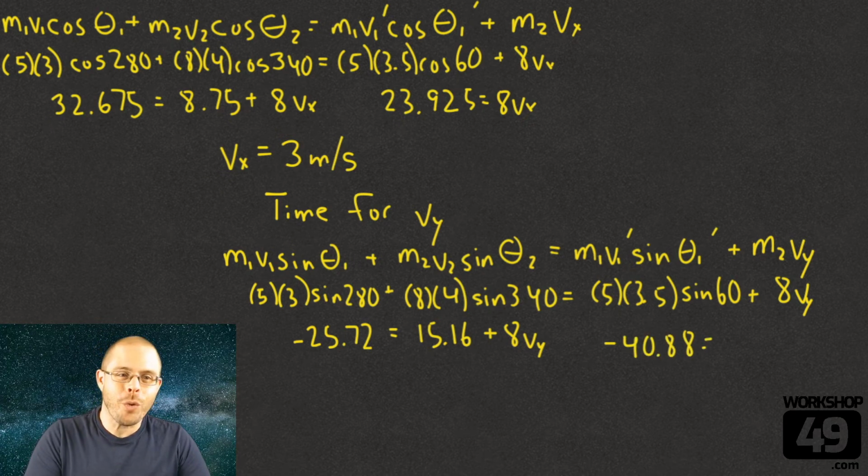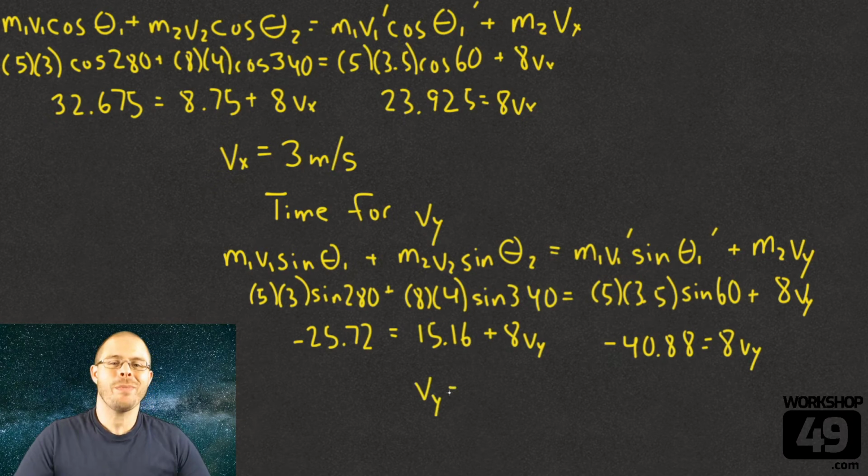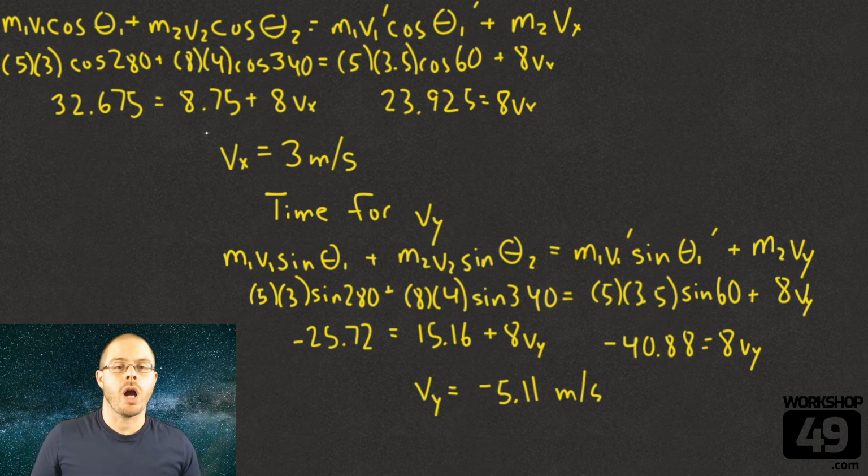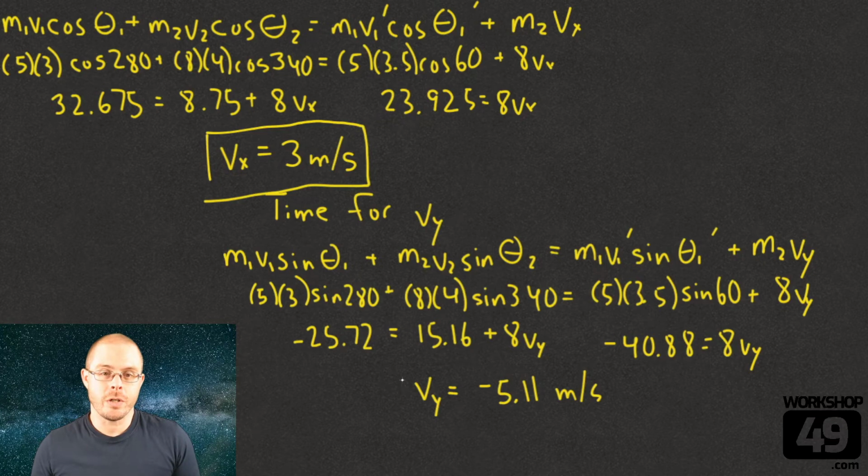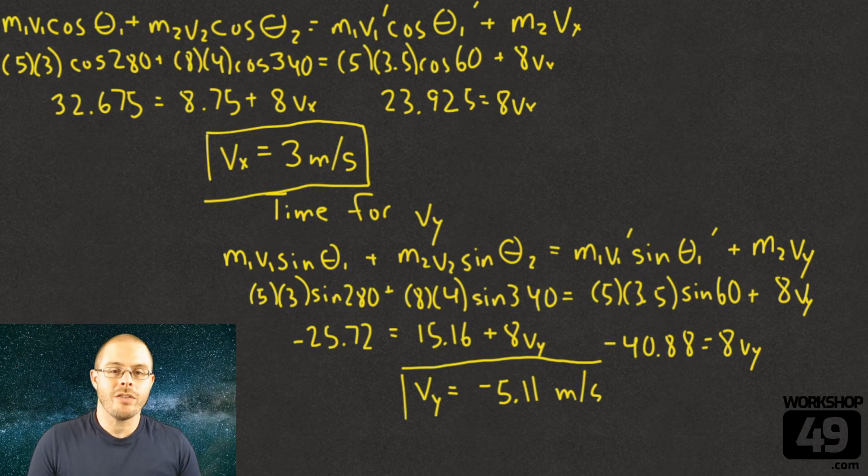We get negative 40.88 equals 8vy. Divide both sides by 8, and we get negative 5.11 meters per second. This rock is going down. We have our Vx, 3 meters per second to the right. We have our Vy, negative 5.11 meters per second down.